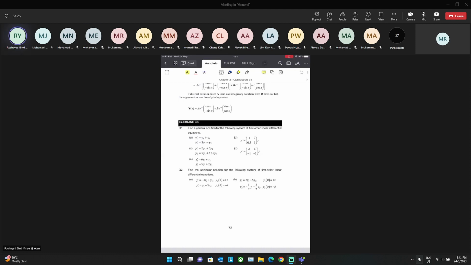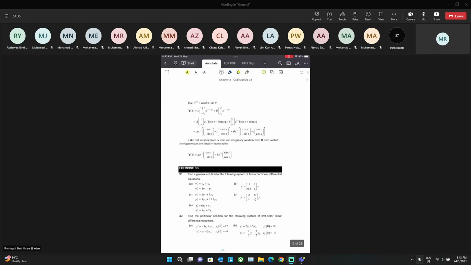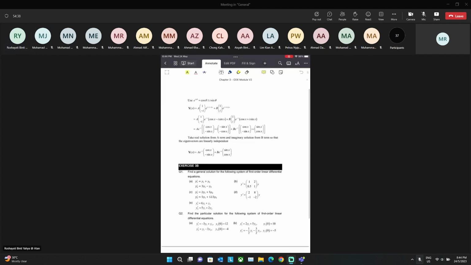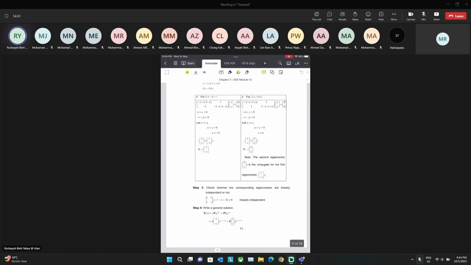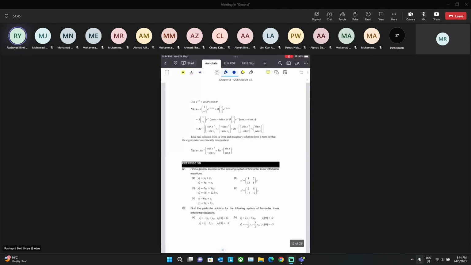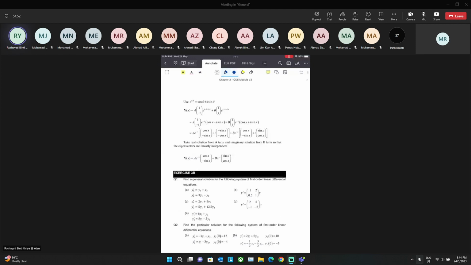Okay, before we start our session for the next subtopic, non-homogeneous system, I would like to inform you about example 3.5. My hard copy version has a typo, and I'm sure yours also has it for the latest module.